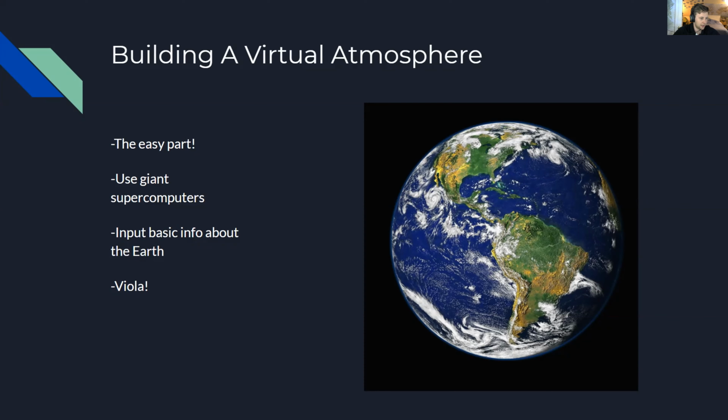And then you tell your computer program some basic facts about the Earth. It needs to know how big the Earth is, how much mass the Earth has, where there's water, where there's not water, where there's forest, where there's grass. And again, even in this part of the process, there's room for error, right?